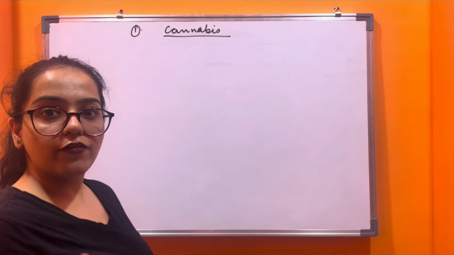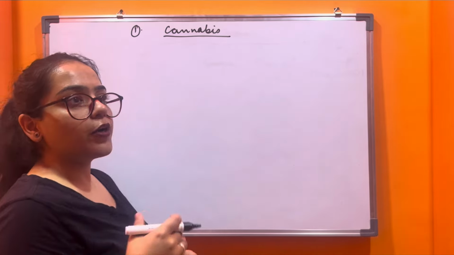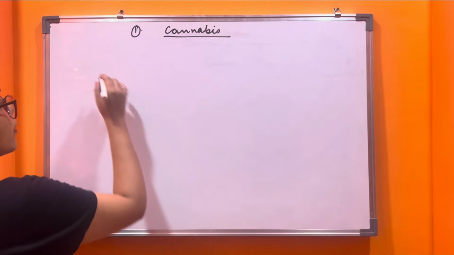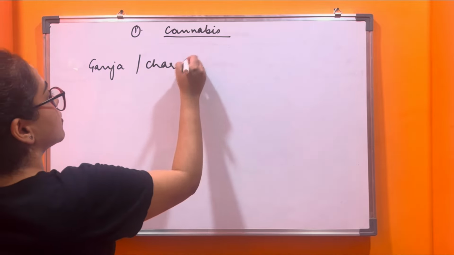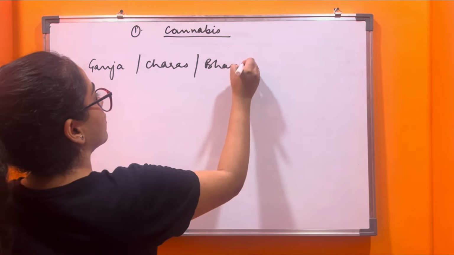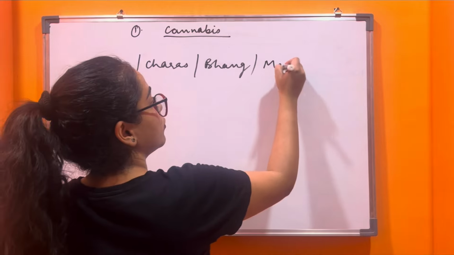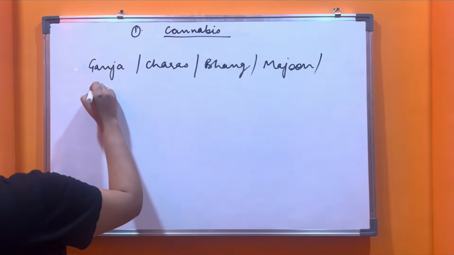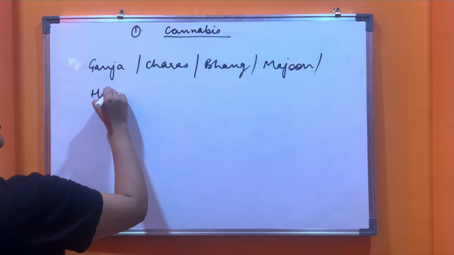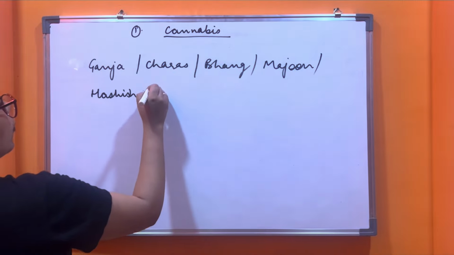You might not have heard the term cannabis, but you must have heard anything between ganja, charas, bhang, majoon, or hashish, hashish oil.